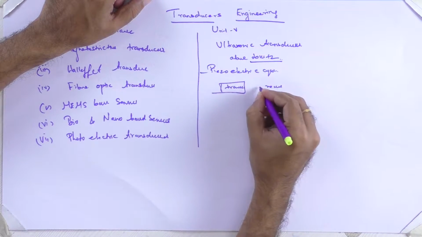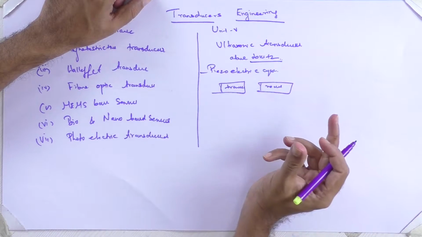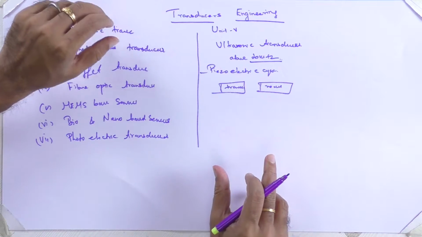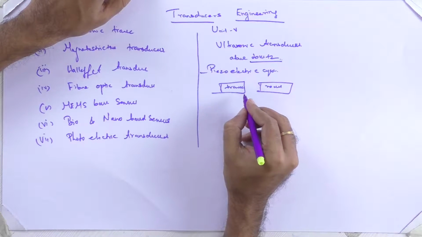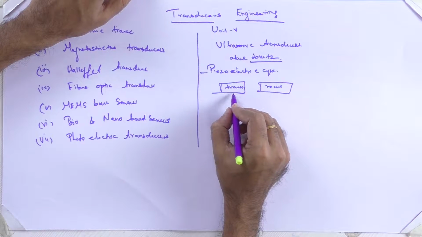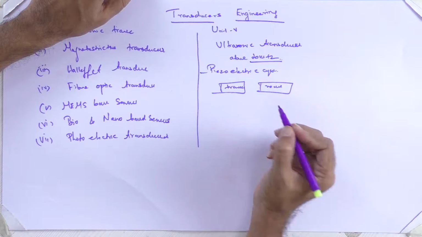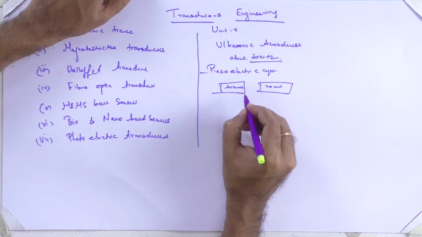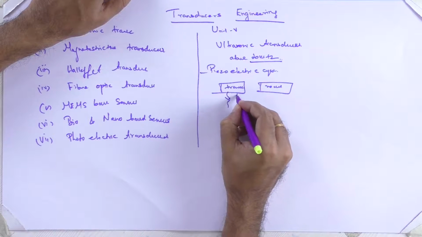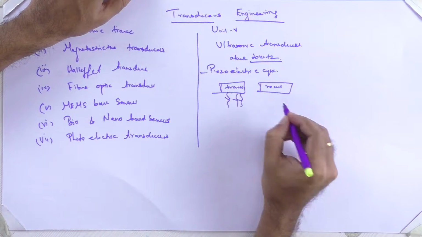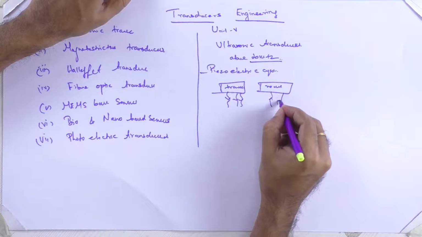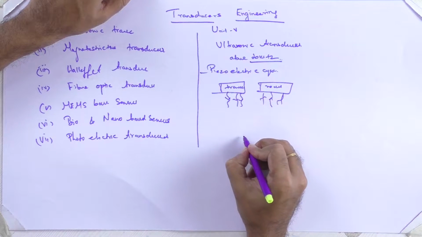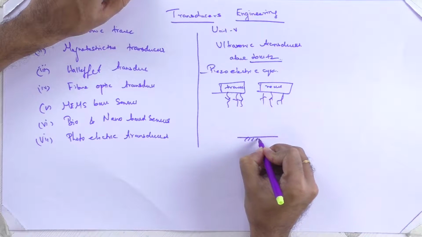Either they can be separate, or the same crystal can act as a transmitter and also a receiver. Now, for easy reference, let us consider a separate transmitter and receiver. The transmitter produces the ultrasonic waves. The receiver receives them. Here we have our obstacle.